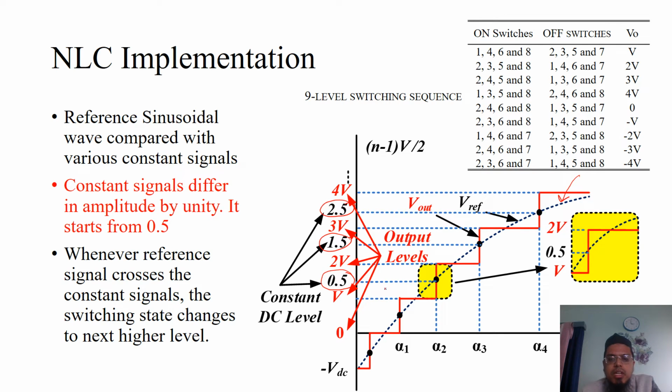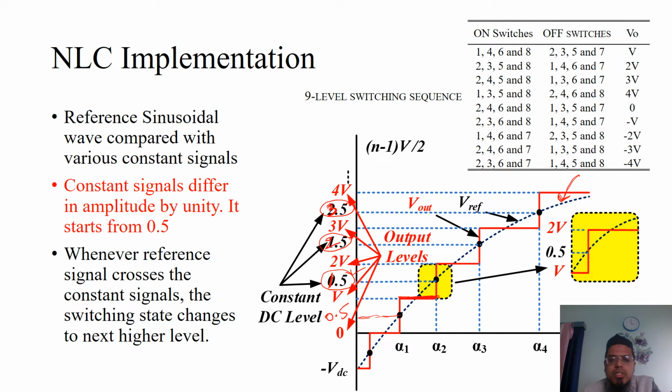These numbers are compared with this sine wave, and whenever the sine wave becomes greater than, say, 0.5 volt, there is a change in level. So earlier it was at level 1, and 0.5 should come here, should be 1.5, should be 2.5, should be 3.5, and so on.